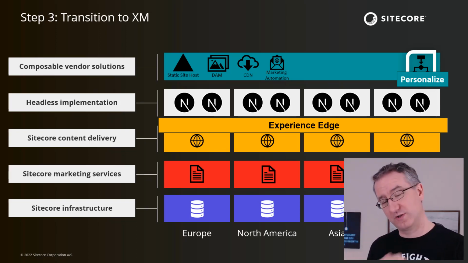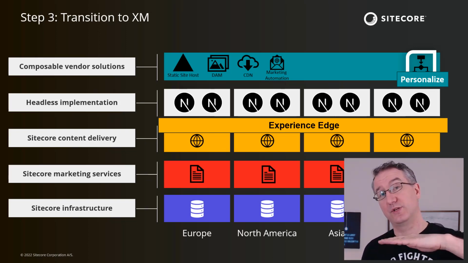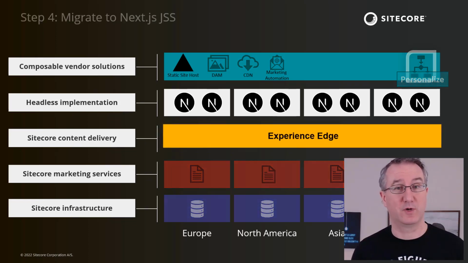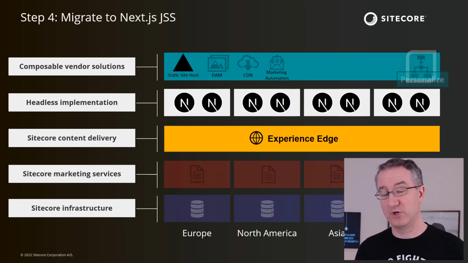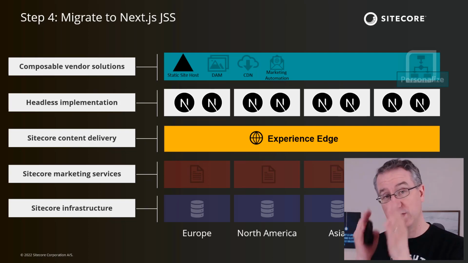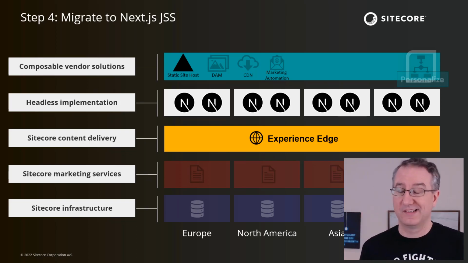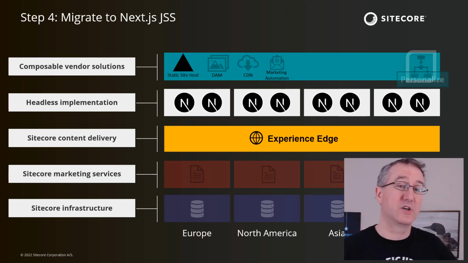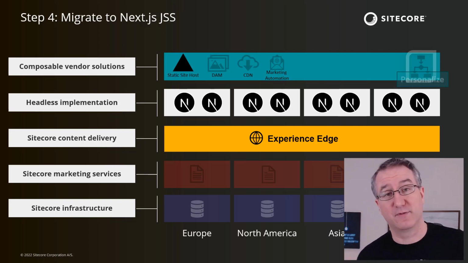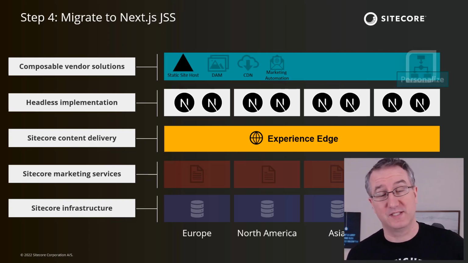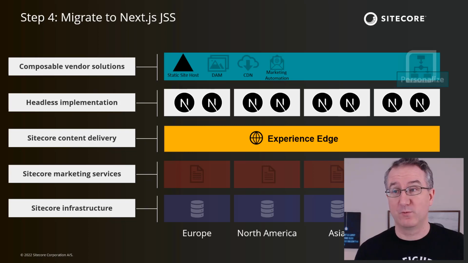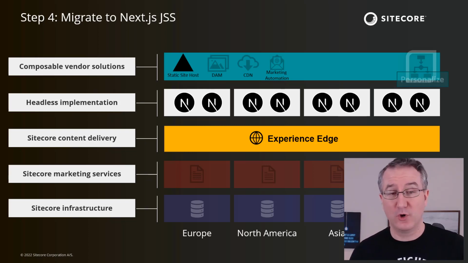We need to make sure that Next.js migration is fully complete. And that's really step 4. We are going to make sure we have no reliance on content delivery, so we are ready to go to XM. Obviously, the work could have started earlier, back when we were identifying what to do with those older MVC sites. But what we're doing here is saying no further.